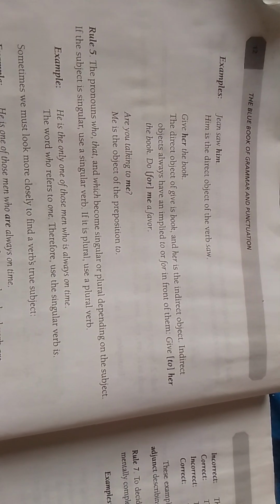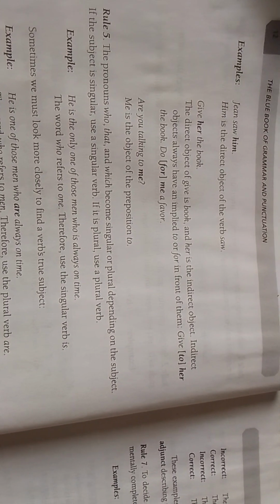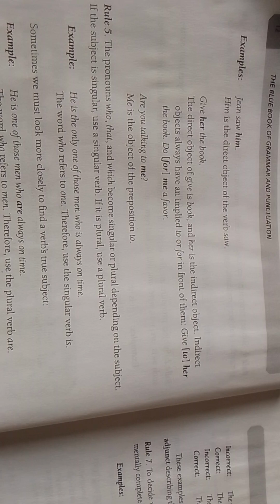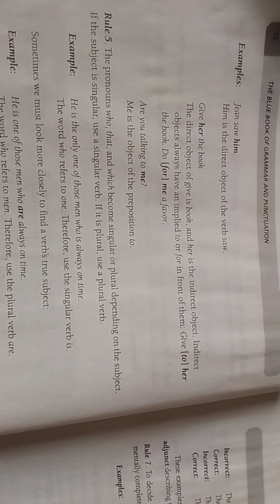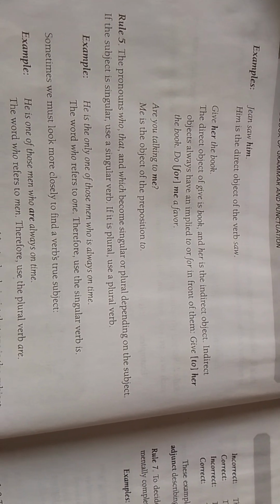Him is the direct object of the verb saw. "Give her the book." The direct object of give is book, and her is the indirect object. "Are you talking to me?" Me is the object of the preposition to.